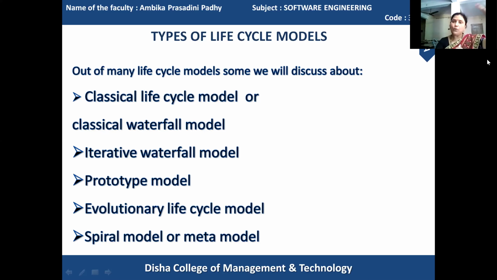Got it? Your classical waterfall model consists of the first stage of software development as the first step, then the second step after that, then the third step, then the next step, like that. In a sequential, step-by-step manner, the actions will be carried out in the classical waterfall model.